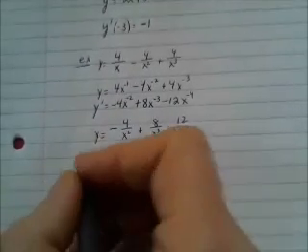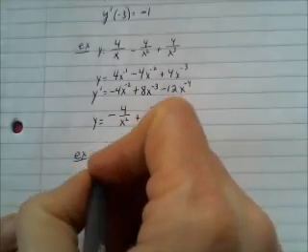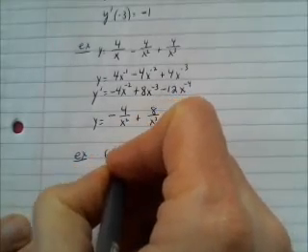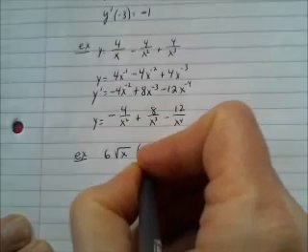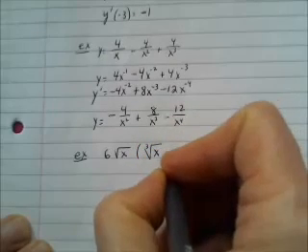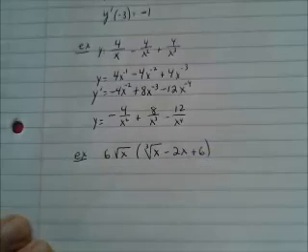Now let's get one that's a little bit trickier than that even. Let's do 6 square root of x times the cube root of x minus 2x plus 6.